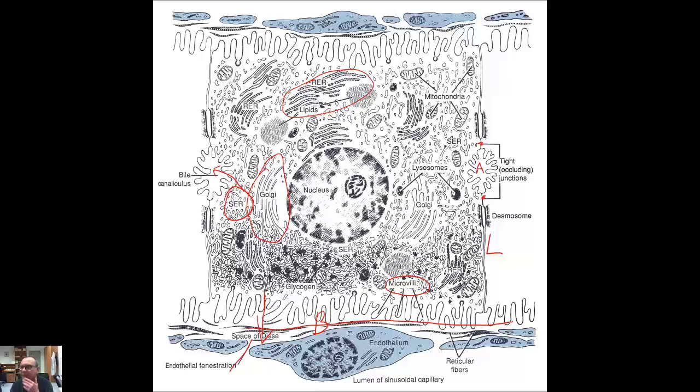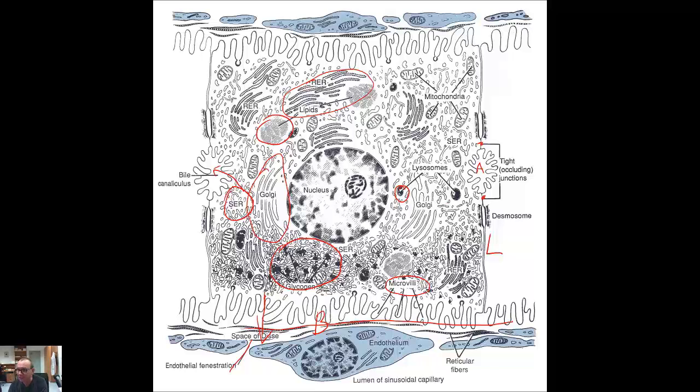What else can we see in the cytoplasm of this cell? Lipid droplet is here. Glycogen situated near the nucleus. Lysosomes are very important. What is the main function of the hepatocyte?